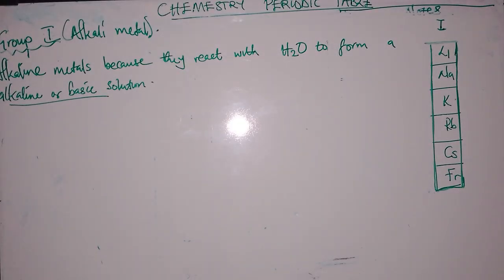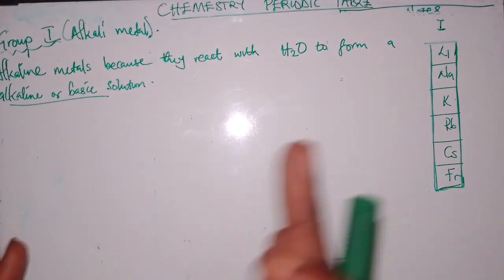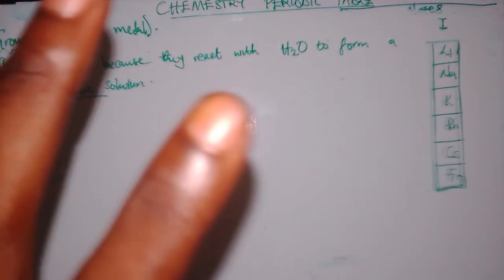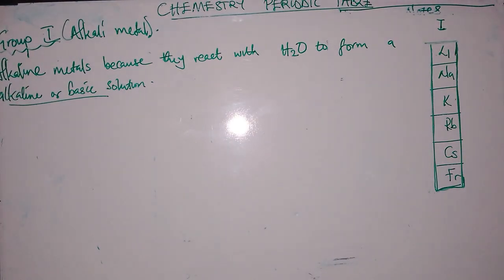Now that we have understood what elements are found in group 1 and what they are called, next we need to know how you can identify 3 major elements on our periodic table.